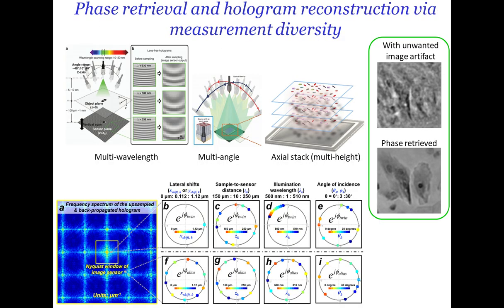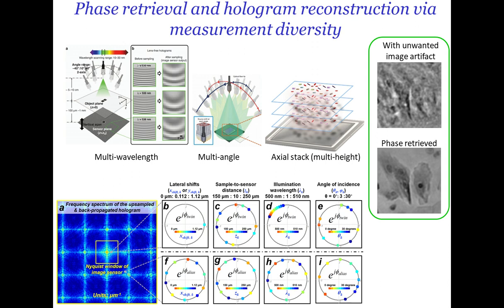Over the last several decades, various different research groups utilize physical insights to create different types of phase retrieval and holographic reconstruction methods, oftentimes involving different types of measurements, where you would, for example, change the angle of illumination, wavelength of illumination, or, for example, sample to sensor distance, to encode more information in your recordings, in your holograms, to be reconstructed physically, to go from a hologram as shown here, for example, into a nice phase reconstruction.